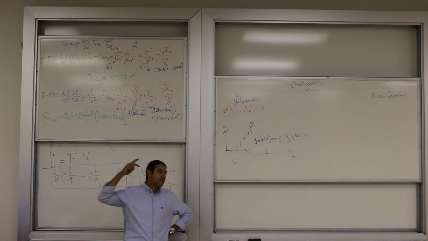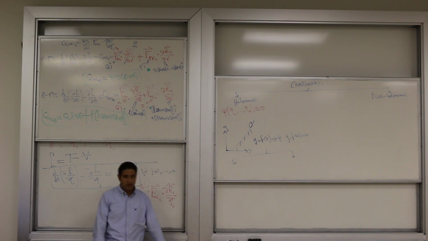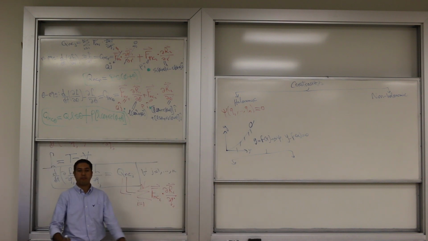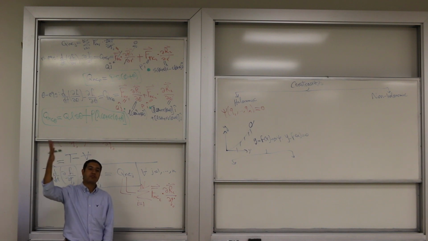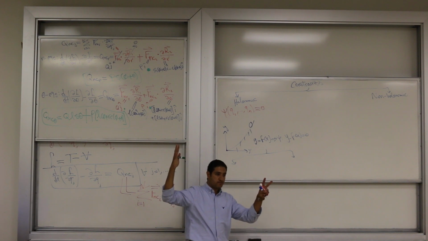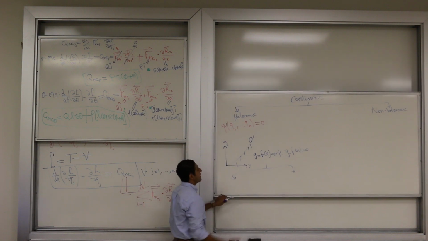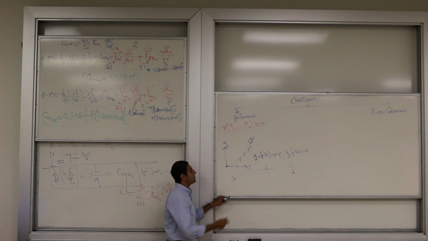So in the pendulum, I have 2 degrees of freedom subject to one constraint. Or in general, I might have a problem that is 5 degrees of freedom subject to 2 holonomic constraints.